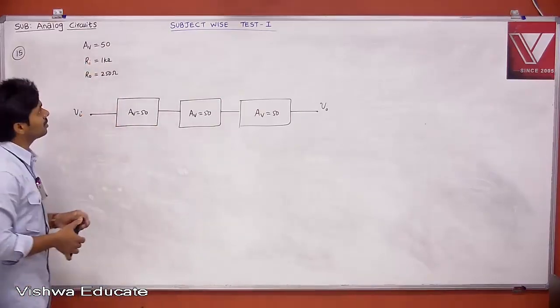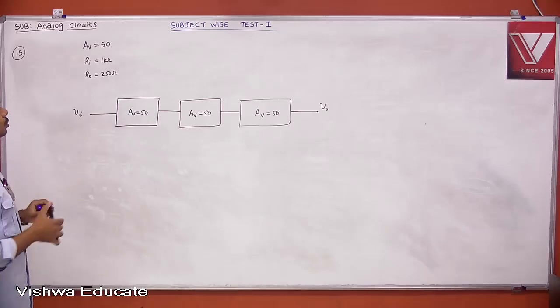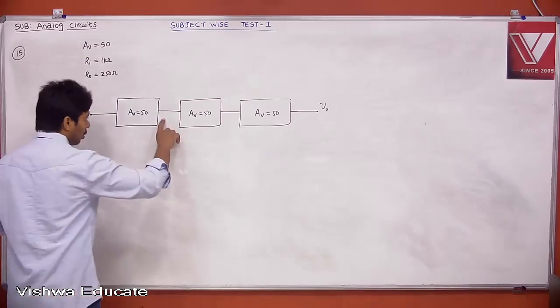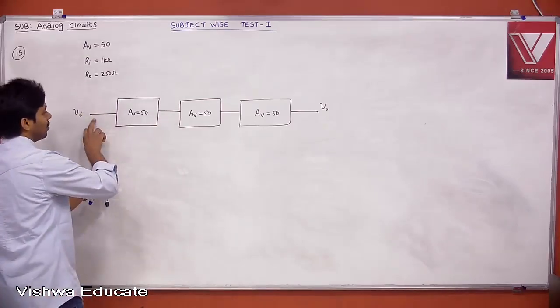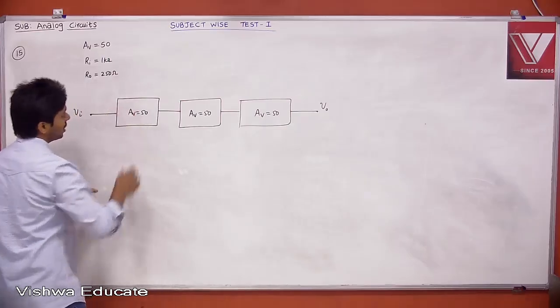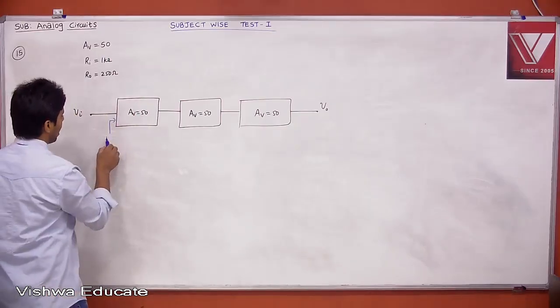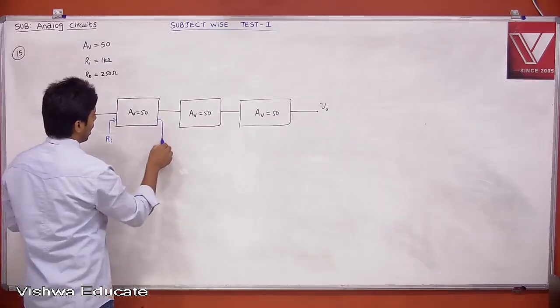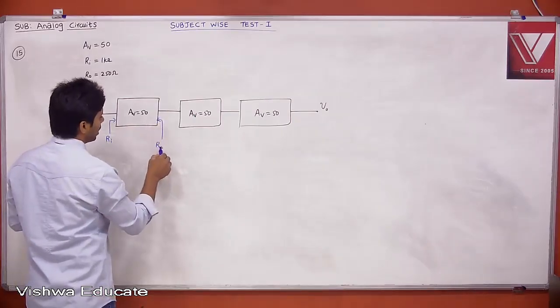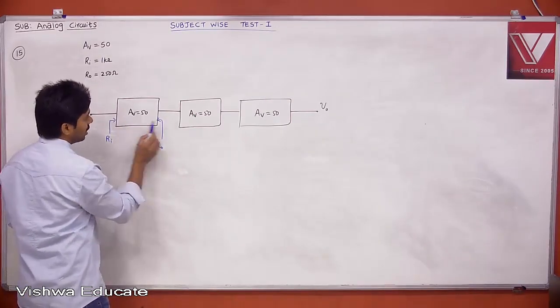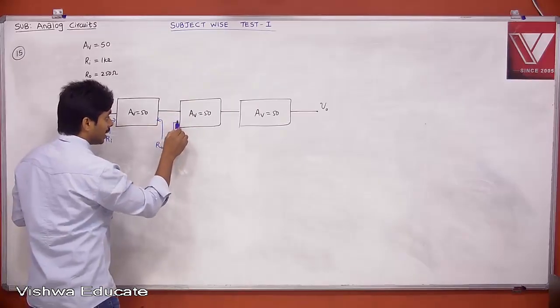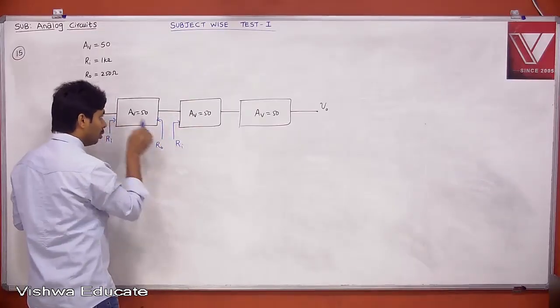Okay. Therefore, when I say AV is equal to 50, that is open circuit load. If there is no load and with an ideal voltage source, then this is your voltage gain 50. But every stage has an input impedance, right? This is your Ri and this is your R0. Every stage has Ri and R0. Therefore, for the first stage, the second stage's input impedance is nothing but the load.